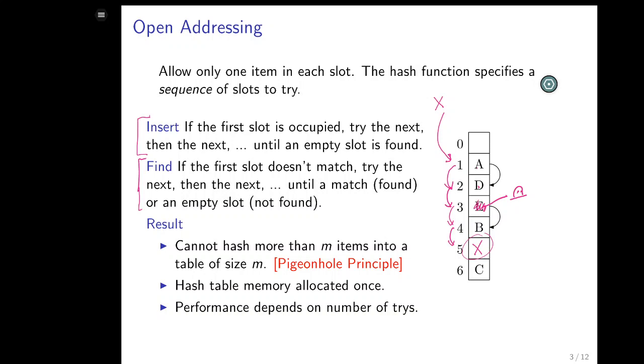And then the resize comment. What's the problem with tombstones? They take up space, and they're not any data. So if you keep removing things from your hash table and inserting new things, pretty soon you'll use up all the space with tombstones.